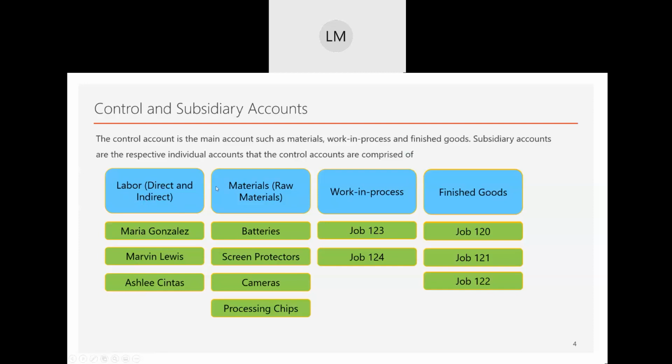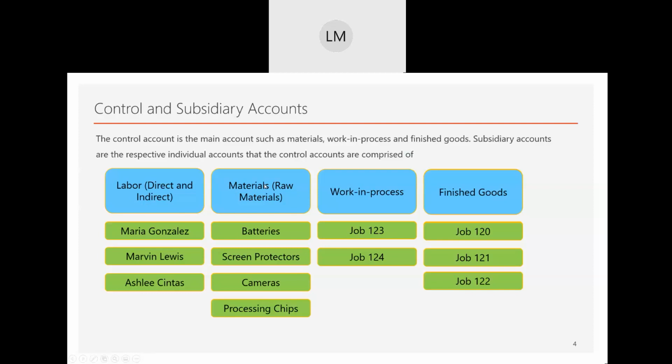But now let's look at the inventory accounts. Raw materials. What types of raw materials do we have? Well, we would have batteries, screen protectors, cameras, processing chips if we're making something. So if we have a materials account, we might have one line item on the balance sheet, but on our books, we would have individual ledgers for all the different types of items.